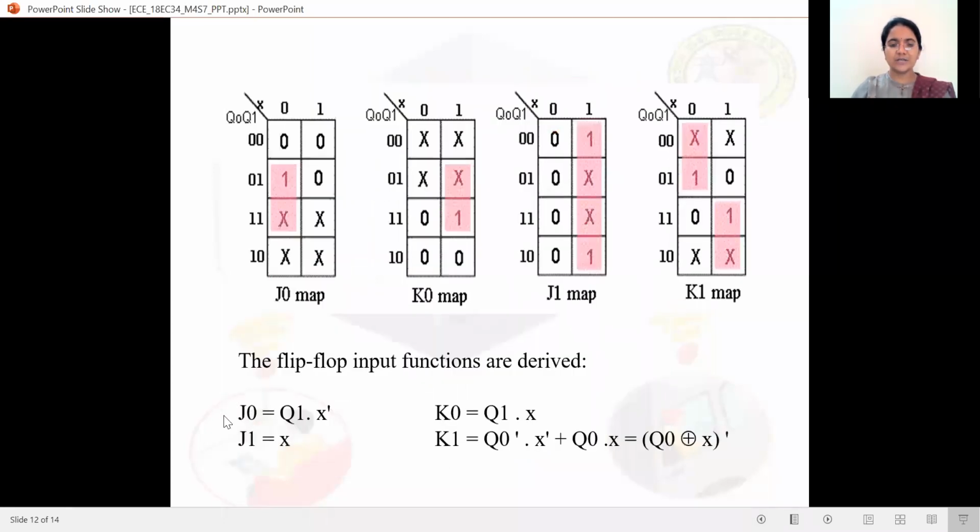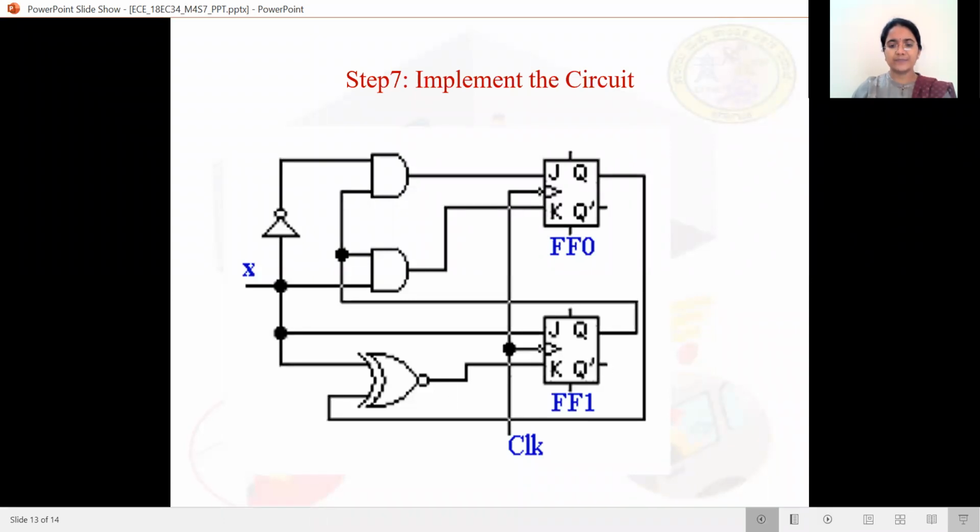Here we have J naught equal to Q1 dot X bar, K naught is Q1 dot X, J1 is X, and K1 is Q naught XNOR X. So this is an XNOR operation, an XNOR gate.